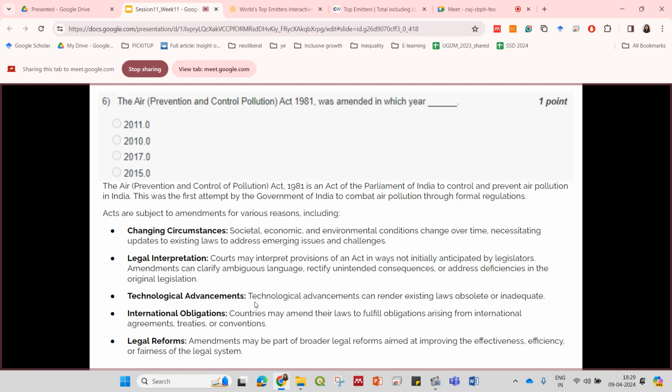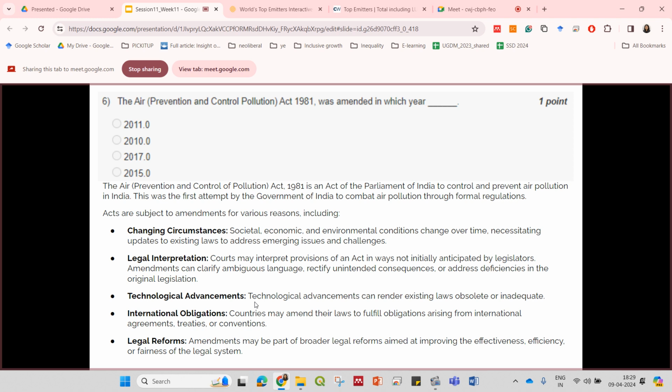So the act basically was an act from the Parliament of India to control and prevent air pollution in India. This was the first attempt ever made by the government of India to combat air pollution through formal regulations. And subject to certain aspects, this act was again amended in the year 2010.